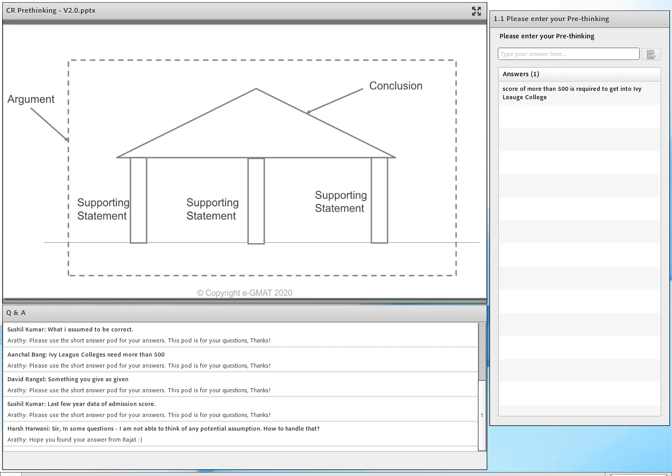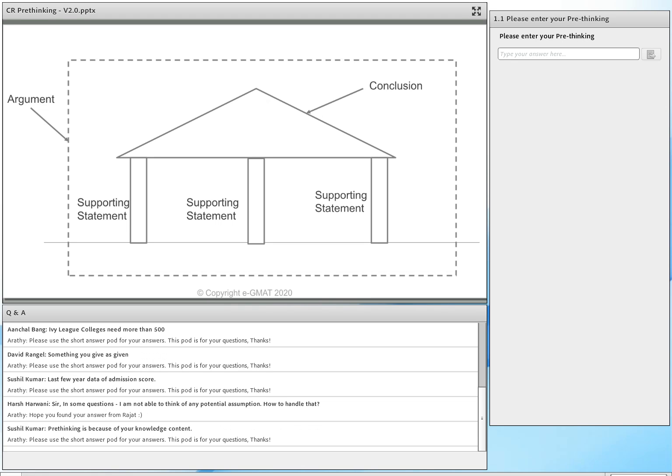Okay. Now, if you were to visualize this, at e-GMAT, we're very big on visualizing things. Think of this house as your argument, where the conclusion is the roof. Now, what you see over here is multiple supporting statements that make the conclusion, make this roof, stay upright. Each one of them makes the conclusion stronger.